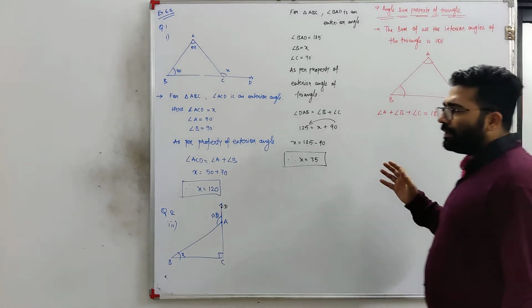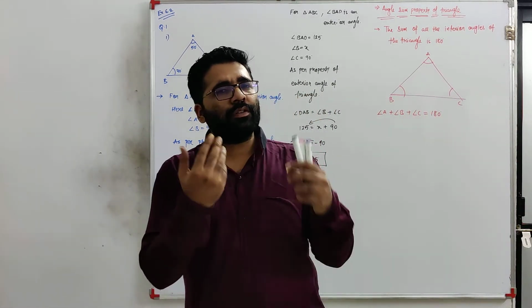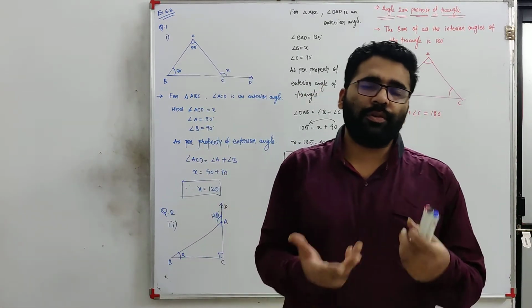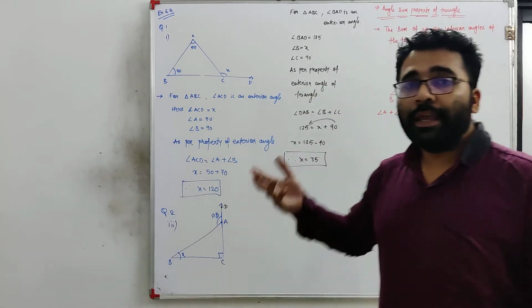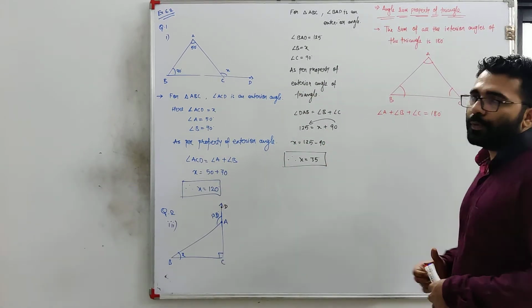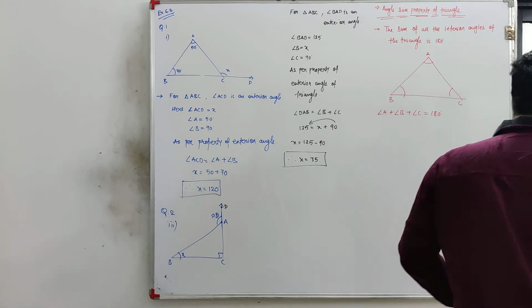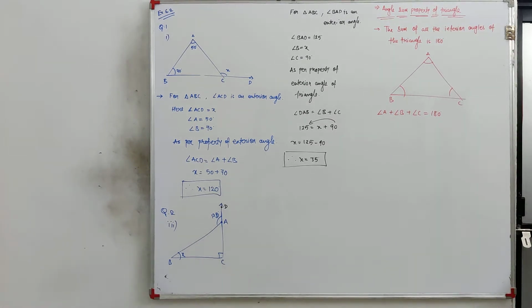We can say that it is the most important property because in the 9th standard also you are getting the same property and the theorem for the proof of this property. Now, here I am explaining the theorem, how this property occurs.